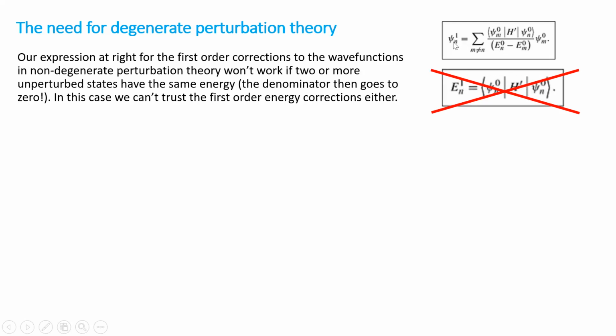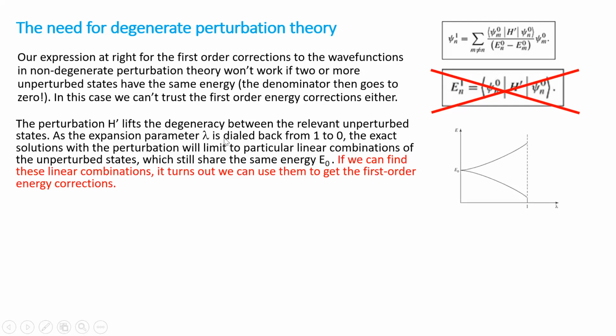If we can't trust the first order corrections to the wave functions, we can't trust the first order corrections to the energy. So we need to have a different strategy when two or more of our unperturbed states have the same energy.